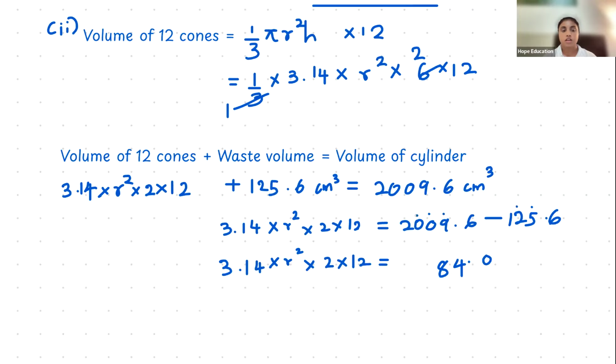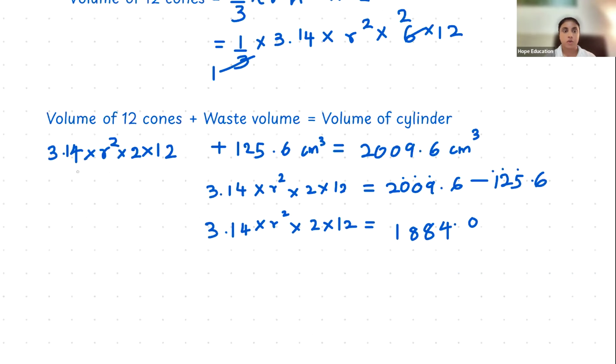And here 1. So we get 1884 cubic centimeters. I'm ignoring the 0.0 because there's no point. Then here r squared equals 1884 divided by 3.14 multiplied by 2 multiplied by 12.